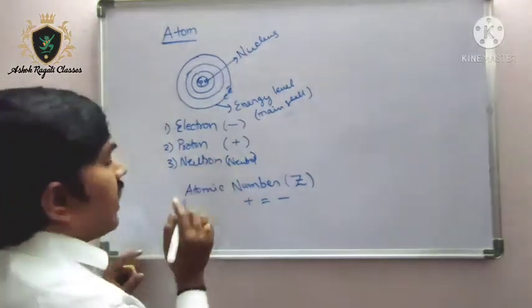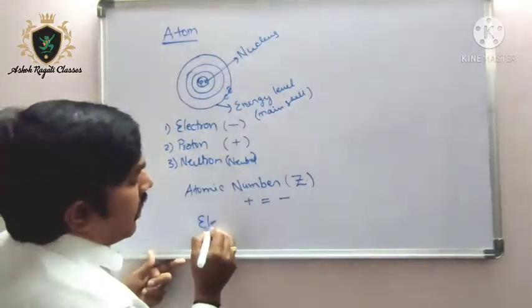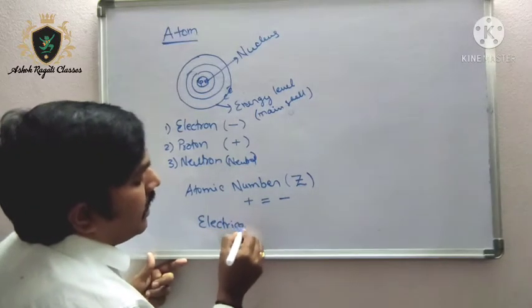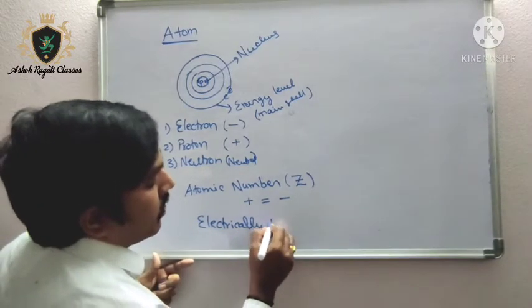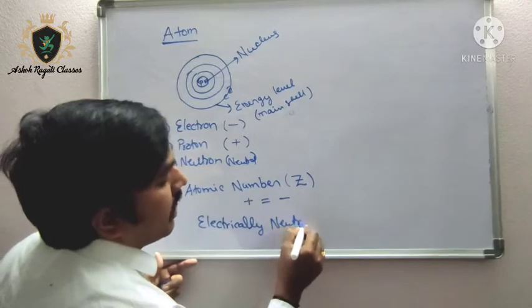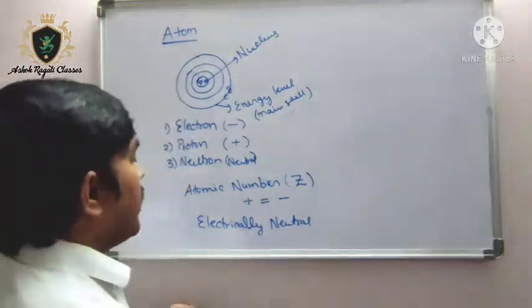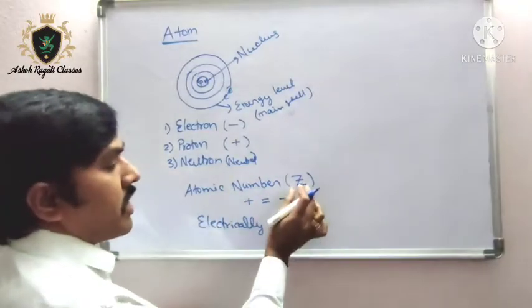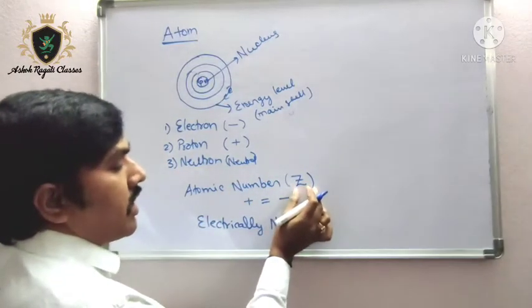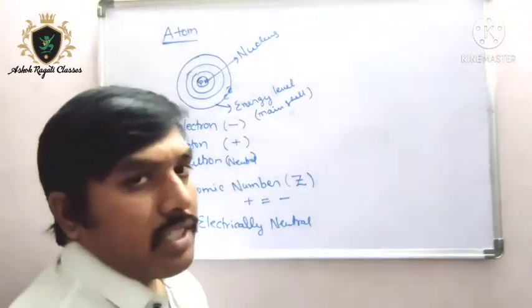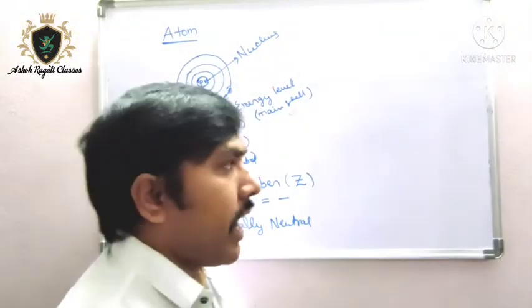So that's why an atom is electrically neutral. Means it contains equal numbers of positives and negatives. Here atomic number means positive charges, so however many positive charges there are, that many negative charges are also present in the atom.